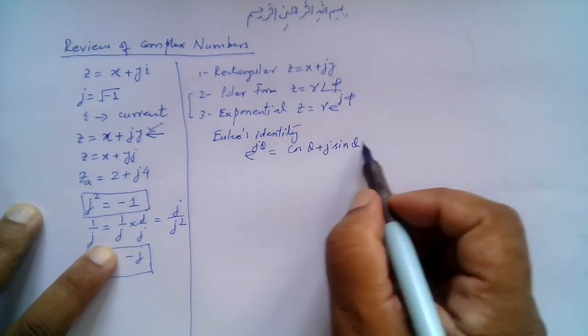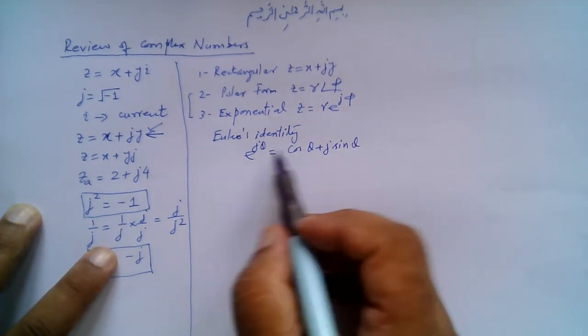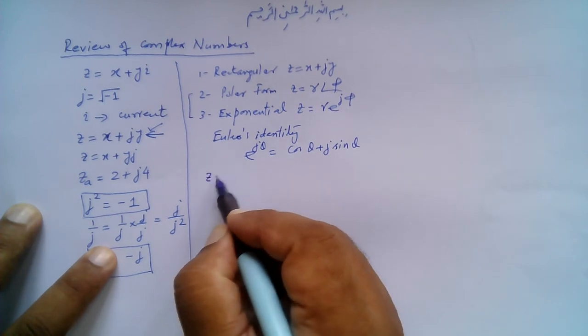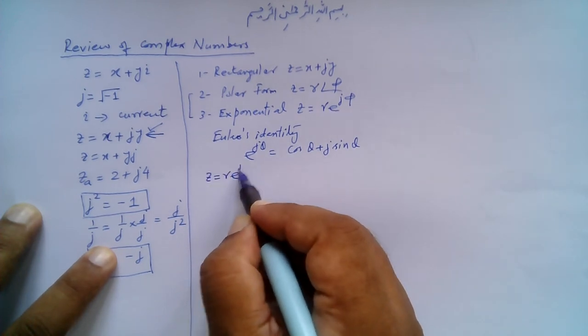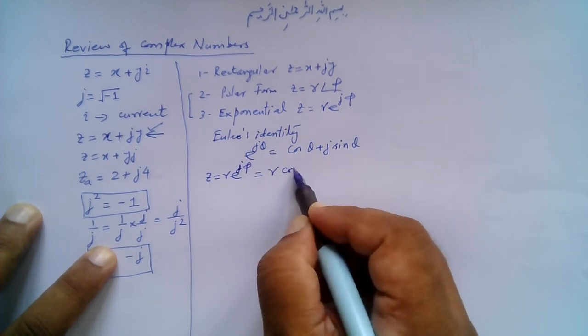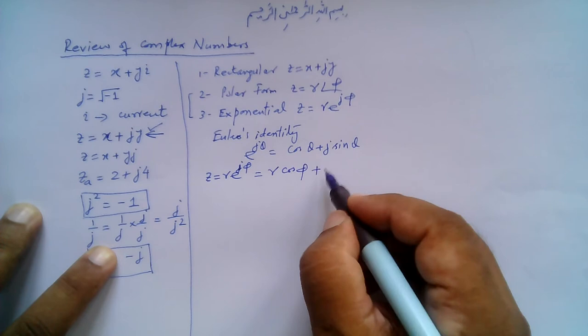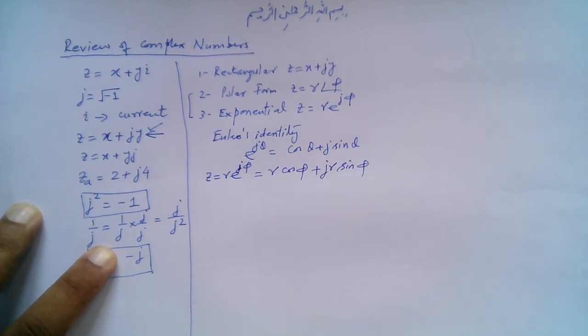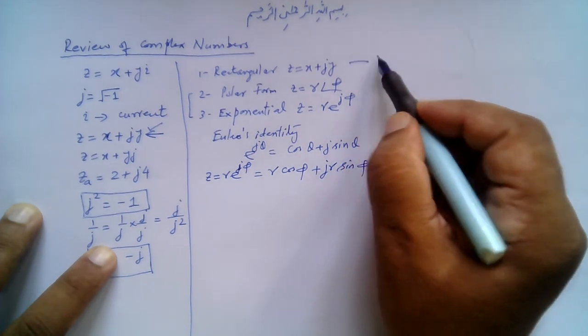This is Euler's identity. If we use this Euler's identity with the exponential form, it can be written like this: r e to the power j phi is equal to r cos phi plus j r sine phi.